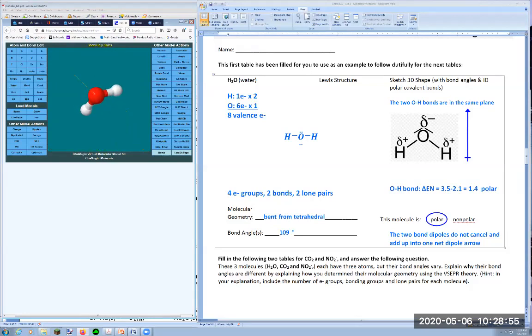But on your paper, you want to draw the arrow close, it doesn't have to look like this on the paper. So when you have a non-polar molecule, and you click dipole-net, you should see no arrow at all, right? And you shouldn't be surprised if it looks like it doesn't do anything. It's because there is no net dipole arrow to show.